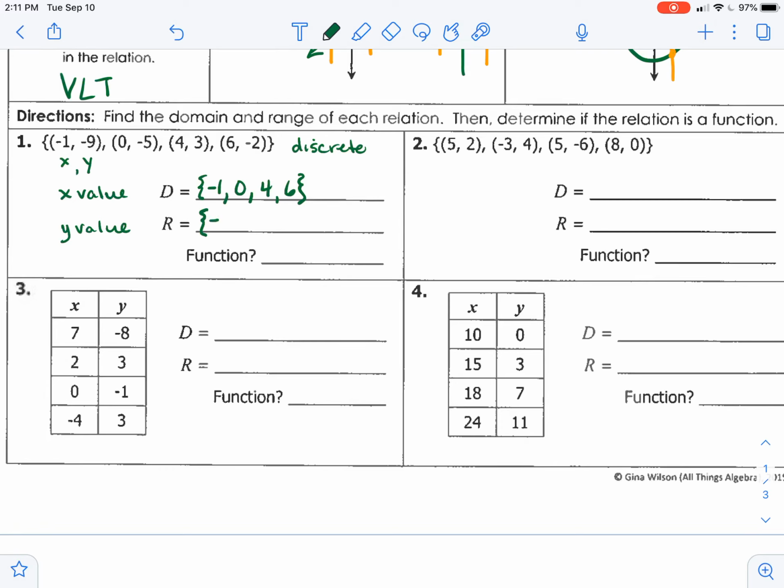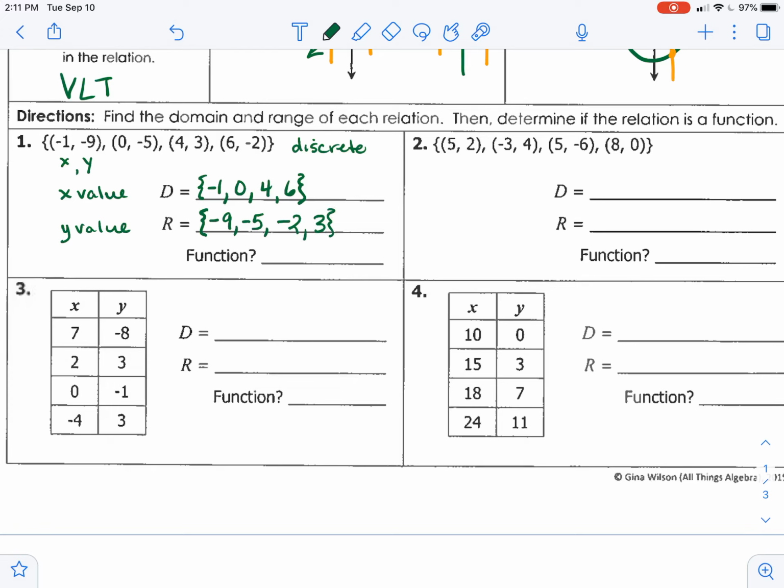I'm going to go ahead and just write them down. So -9, -5, 3, -2. Okay? Now, those are not in order, so I would need to go back in and change the -2 and 3 around. Okay? So I'm going to do that real quick.